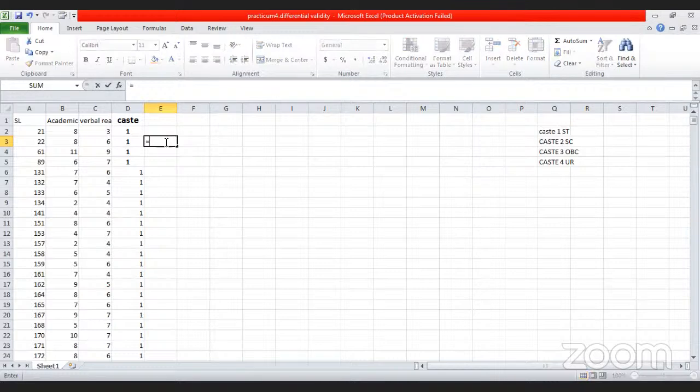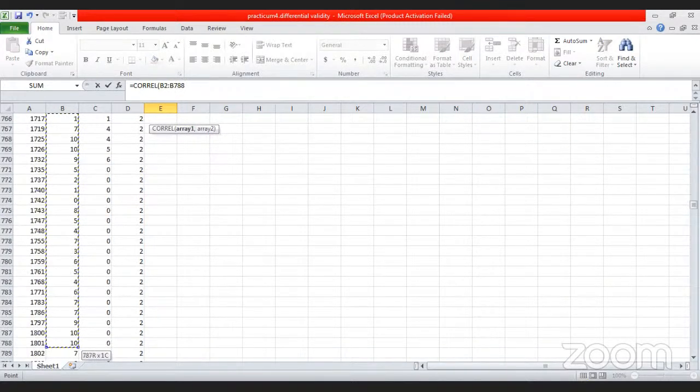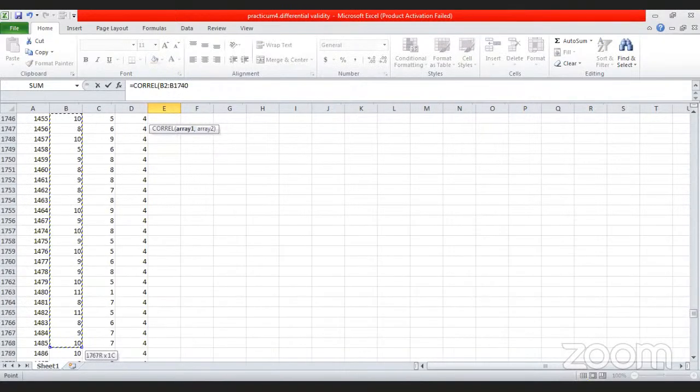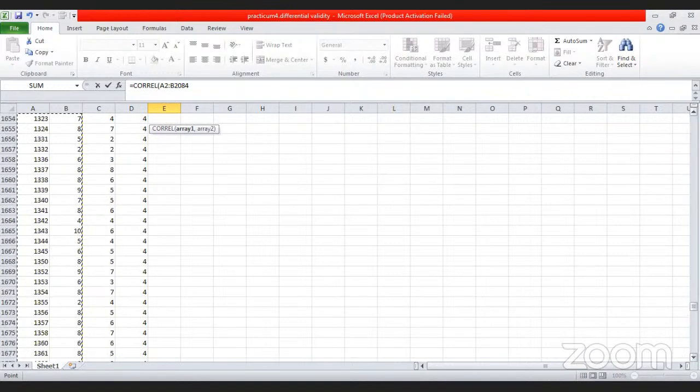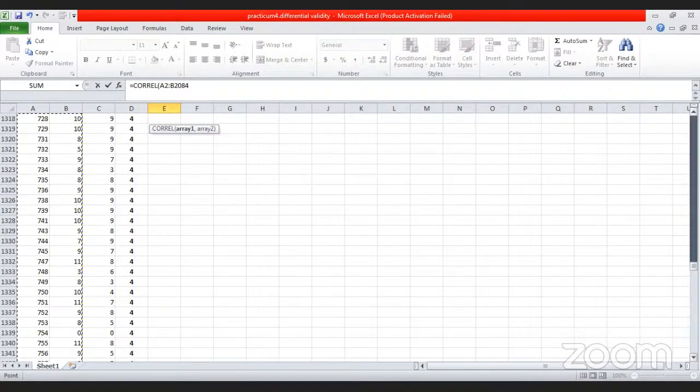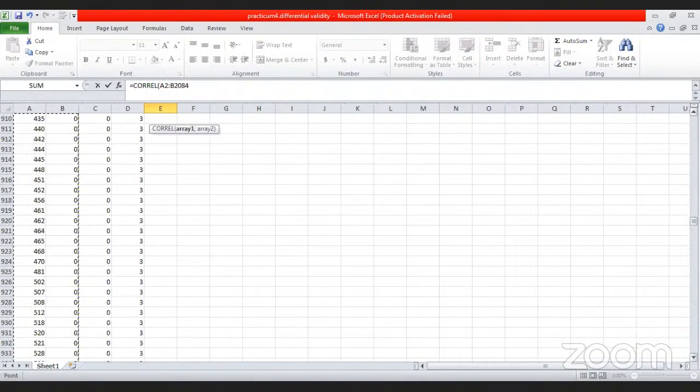Now I will check the correlation between academic achievement and verbal reasoning for the whole population. So equal to correlation. Then I will select 2084. Ma'am, you can press Control Shift down so that you can select all at once. Yes.